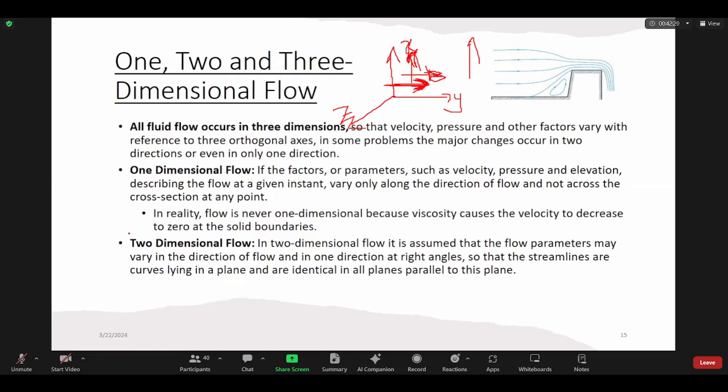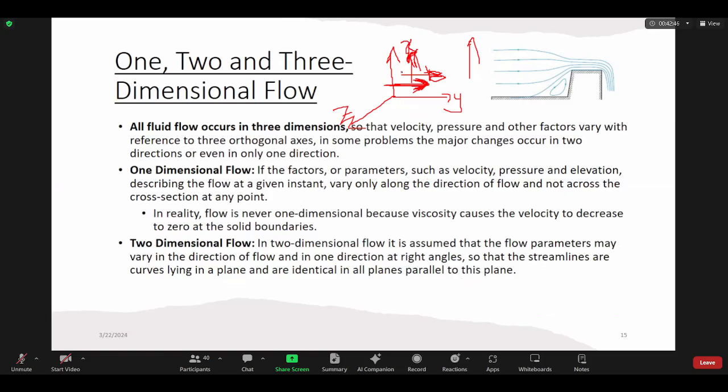Then two-dimensional means it is assumed that the flow parameters may vary in the direction of flow and in one direction at right angles, so that the streamlines are curves lying in a plane and are identical in all planes parallel to this plane.